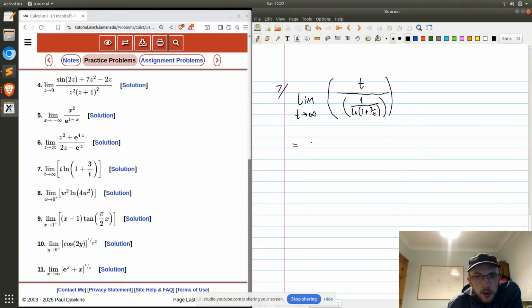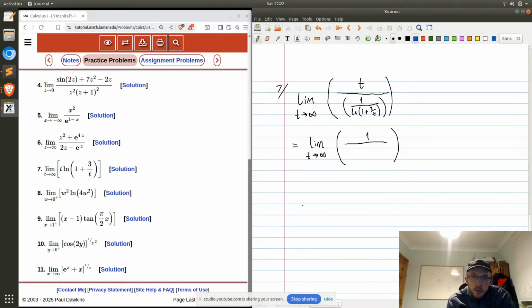So differentiate on the top and the bottom. One. Okay.